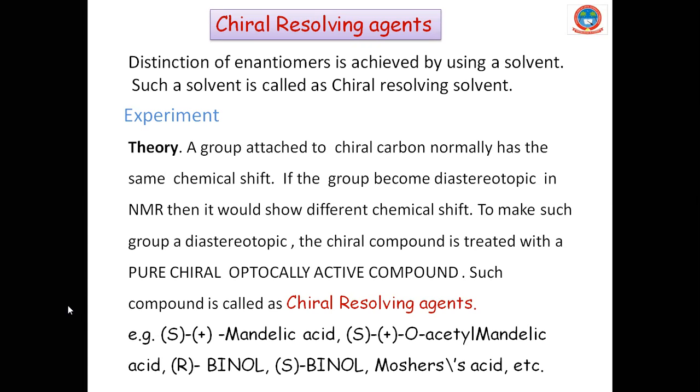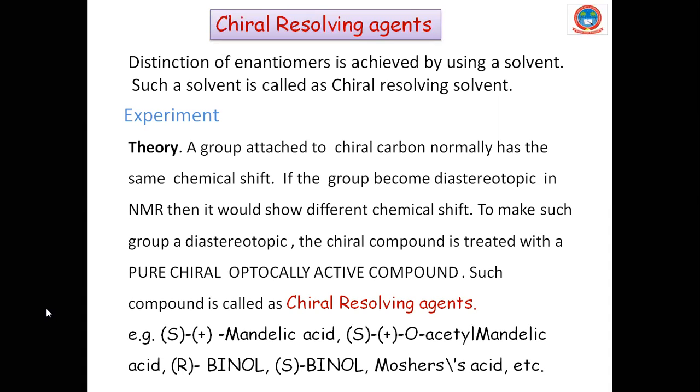Let us consider a group which is attached to a chiral carbon. Normally we know that when there is a chiral carbon, the groups at that carbon are called enantiotopic groups, and they have the same chemical shift. If the group is converted into a diastereotopic group, we can expect that the NMR signal will be different from its enantiomer or from its other isomer.